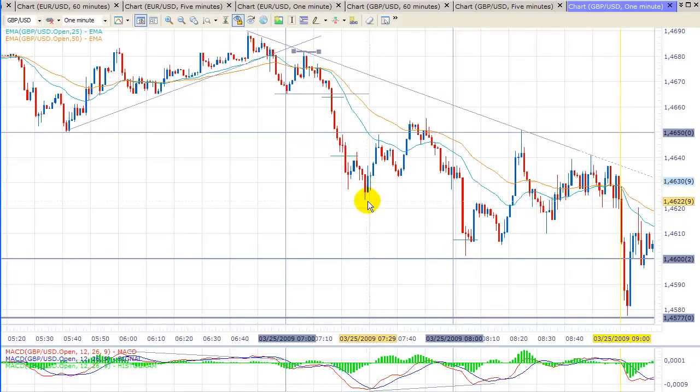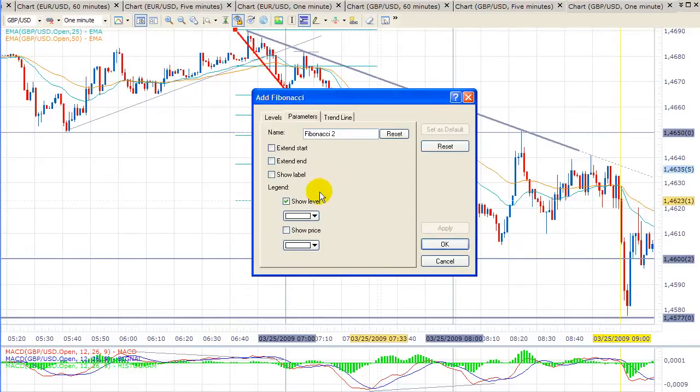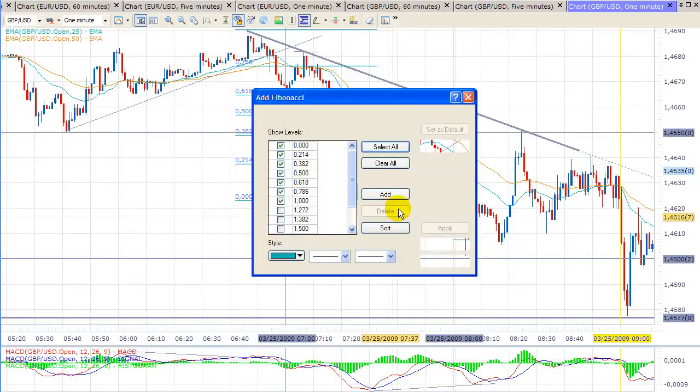Okay, the pair starts to rebound. That's very usual in cable, but after this retracement we are gonna make a Fibonacci study over here. Okay, just let me one sec. We got about 50% retracement, so we could consider that the downside move was still intact.